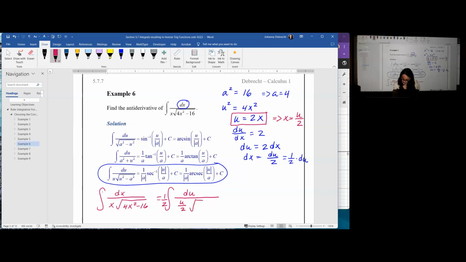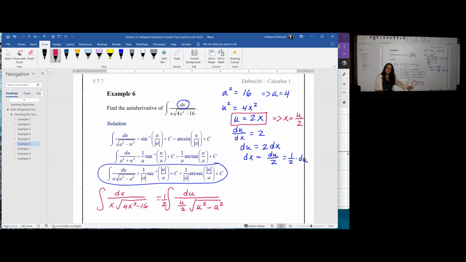The next thing I need to replace is the variable term 4x squared, which is my u squared. Then I have subtraction, and 16 I can replace with a squared. It looks almost like the formula, except for this u that's divided by 2.